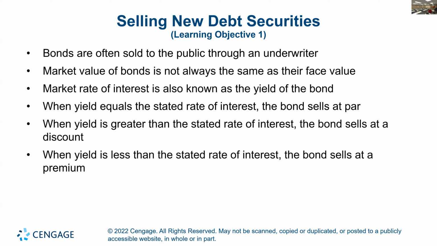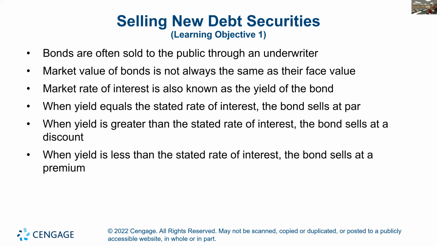On the other hand, when the market rate is less than the stated rate, meaning we're going to pay more interest than what's currently available in the marketplace for bonds of similar risk, everybody's going to want to buy our bonds. So we're going to issue them at a premium. We are going to receive more cash than the face value of the bonds.